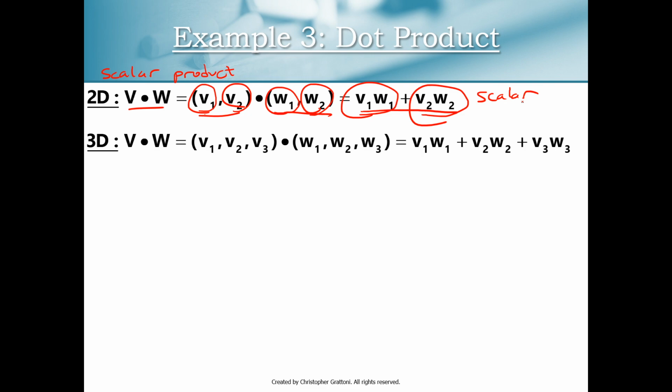In fact, if you guys ever go on and study data science, you're going to find out there's a lot of problems in computer science that you can represent as 100-dimensional vectors or 1,000-dimensional vectors, whatever. All of these vector operations that you're going to learn in this course will carry over to those other contexts.